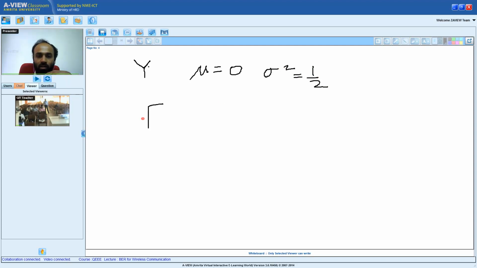What is the distribution of y? What is the expression for the distribution of y? GIT college, can someone tell me?